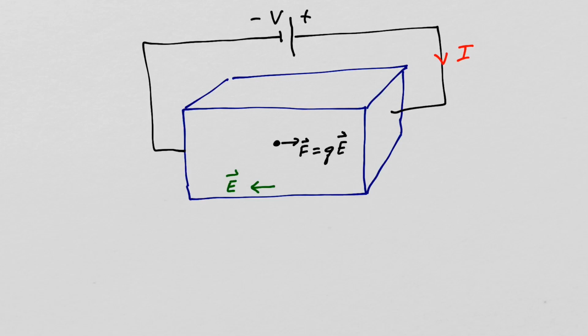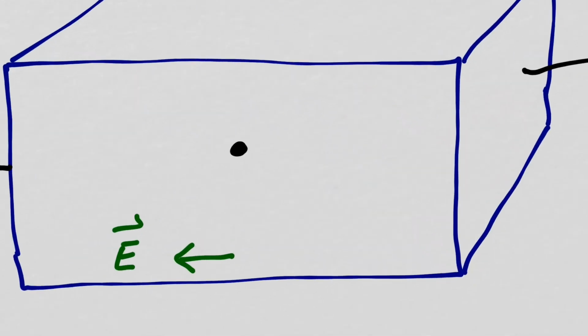Again, let's zoom in on the electron and watch its behavior. The electron still has its thermal velocity, but now there's a force trying to accelerate it to the right. But then it encounters a scattering event that randomizes its velocity.